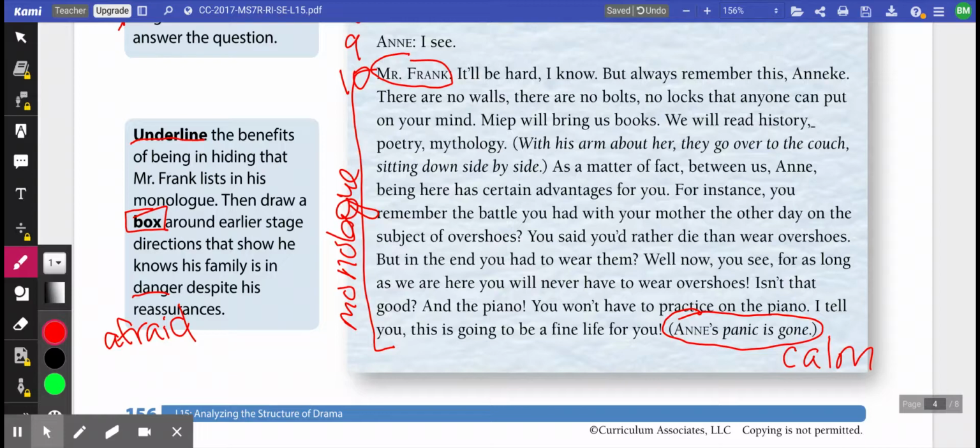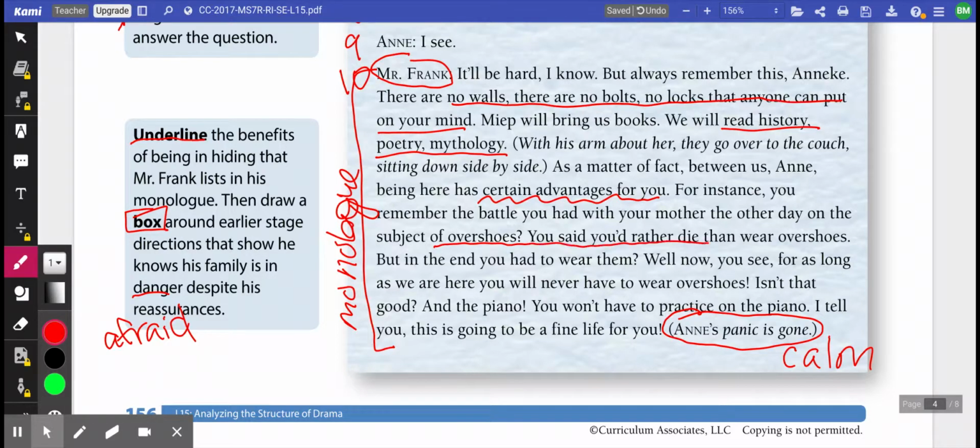Okay, so the first one is there are no walls or bolts or locks that anyone can put on your mind. The next one is that we'll read history, poetry, and mythology. And then he's going to even give us this nice little one right here that says certain advantages for you. So overshoes, because that way she never has to wear overshoes again.